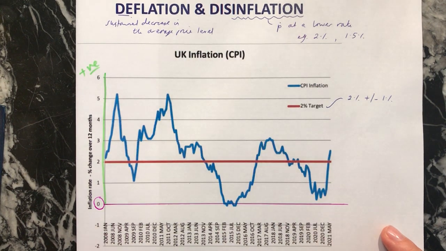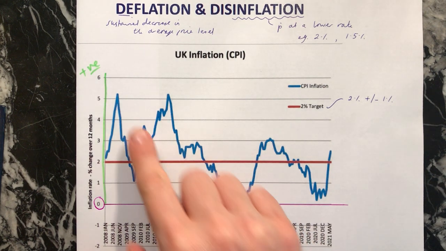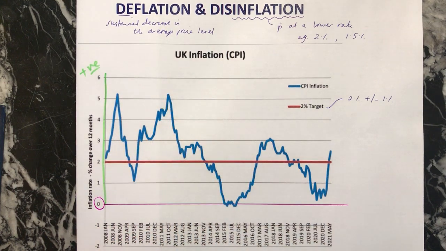And if it's positive, then it means that prices are going up. It's a bit confusing when you first look at it, because some of these lines are coming down, but actually the average prices are still increasing.